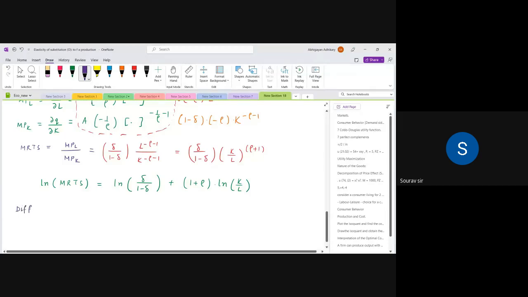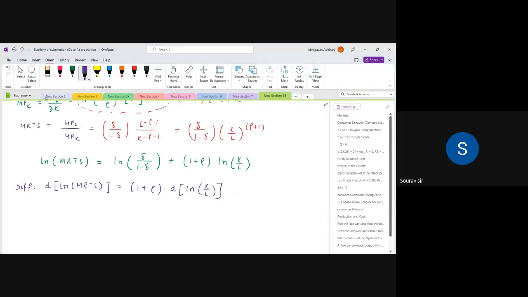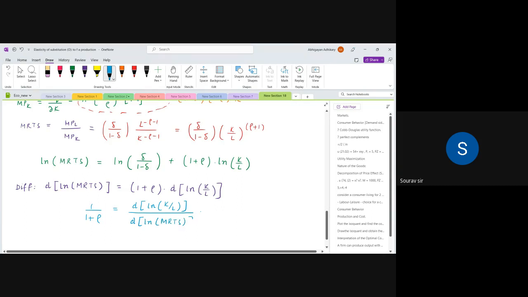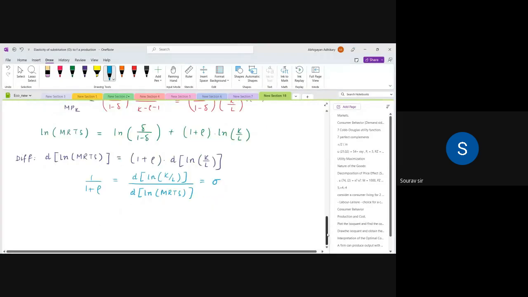Differentiate it. So this will be d of log MRTS equals 1 plus rho times d of log K by L. And then 1 by 1 plus rho will come down, and this will be d of log K by L divided by d of log MRTS. So this is equal to sigma.